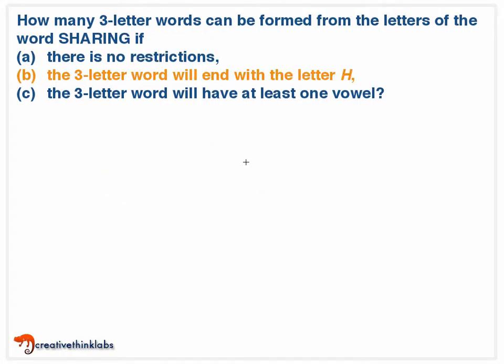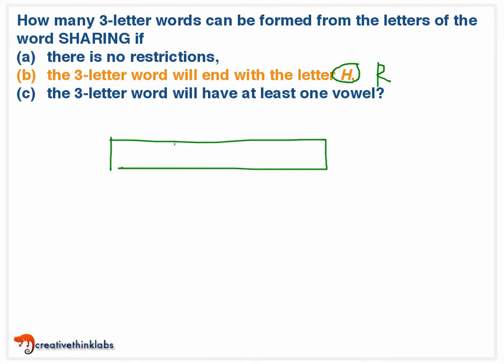So that's pretty straightforward. Let's move on to the next question. The 3-letter word will end with the letter H. Now here we have a restriction. So in any situation, we always need to take care of the restrictions first. It's still a 3-letter word, and the word must end with the letter H, so I put H here.